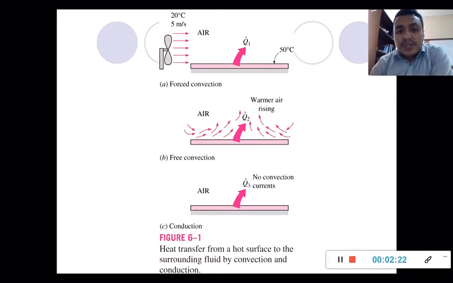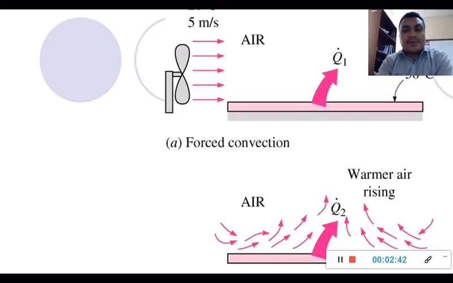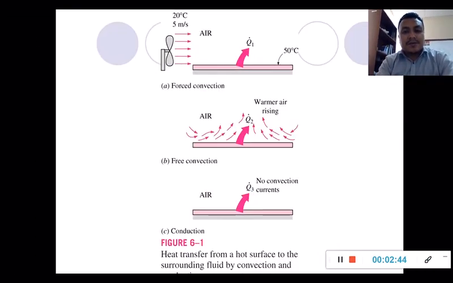The first one is forced convection, where of course we install or have some fan that influences the heat to go up. We have wind here.